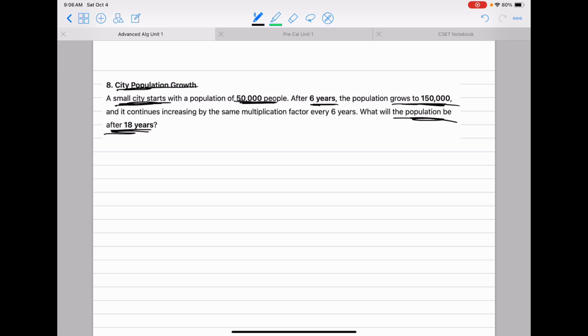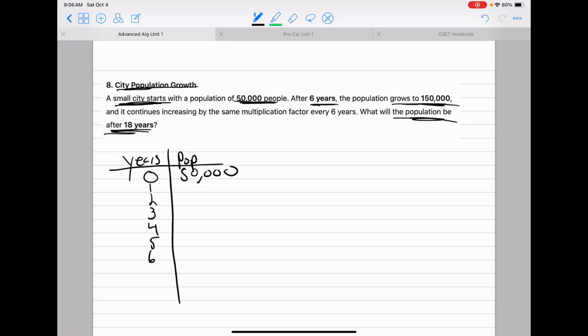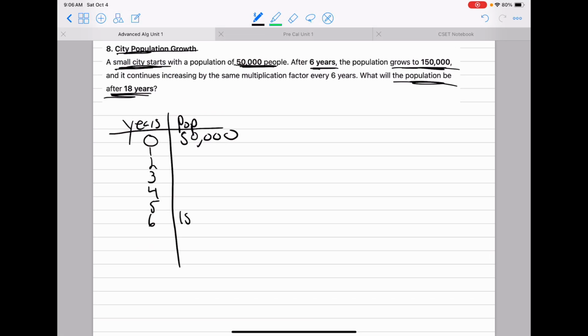So I have a city. We're talking about years, and we are talking about population. Right? And at year 0, there are 50,000 people. Year 1, 2, 3, 4, 5, 6. Year 6, there's 150,000 people. How's this thing growing? From 50 to 150, that's 50, 100.